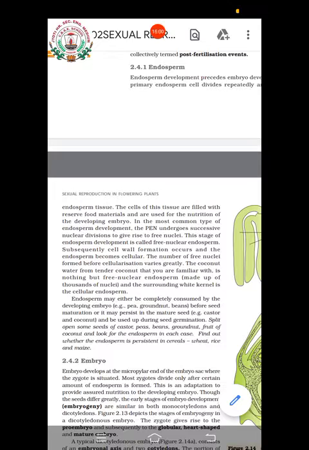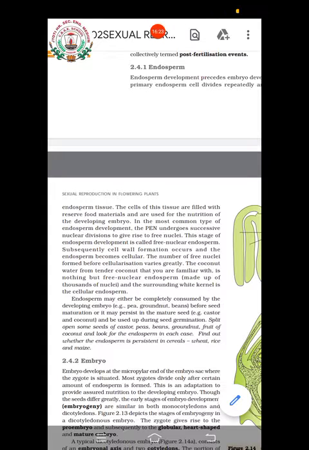Option 1, 1:1. 2, 2:1. Third option is 3:1. And the fourth option is 1:2:1. So which will be the answer?